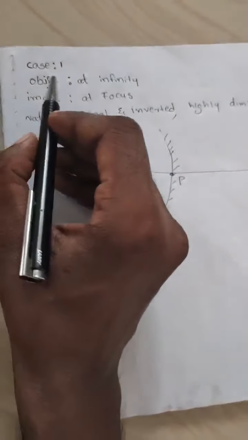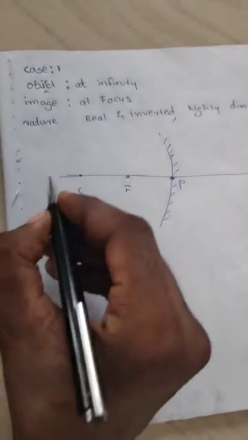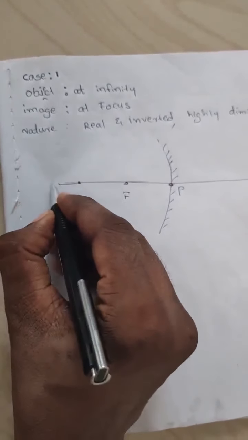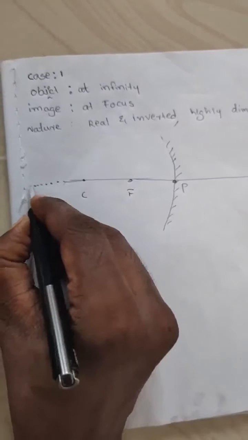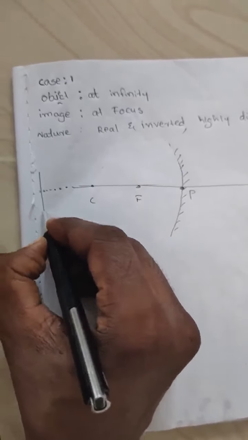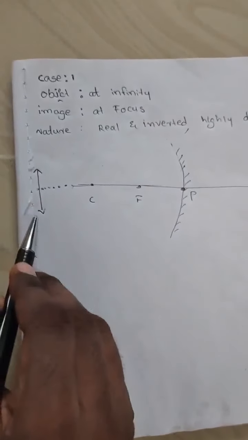Now look at the first case. The object is at infinity. To show the object is at infinity, we are putting the dotted line, and here is our object. This is our object.